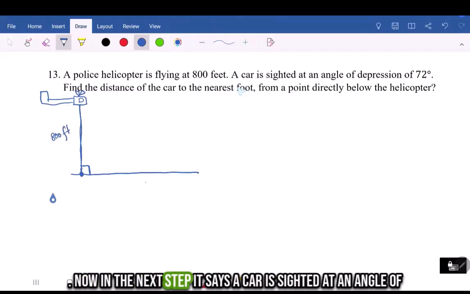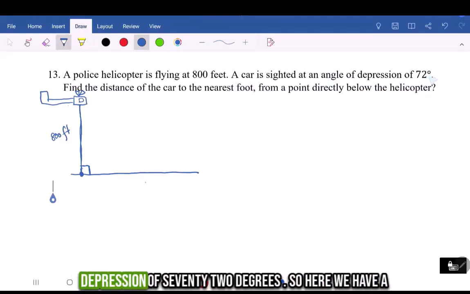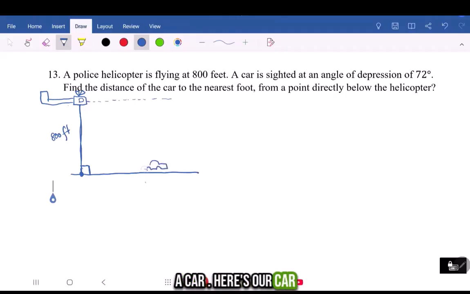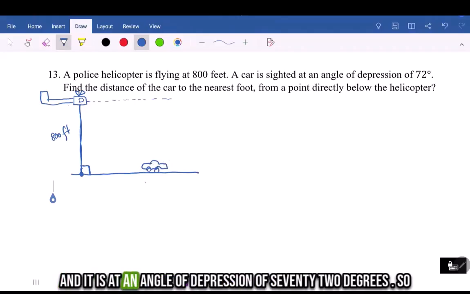Now, in the next step, it says a car is sighted at an angle of depression of 72 degrees. So here we have a horizontal line of sight of the helicopter. And below there's a car, here's our car, and it is at an angle of depression of 72 degrees.